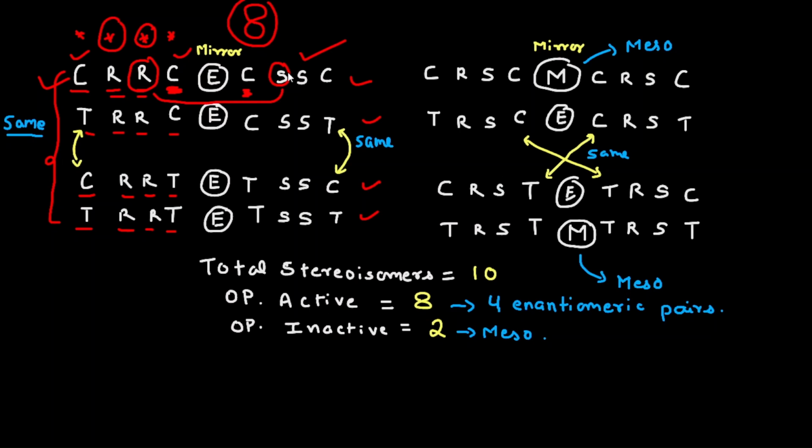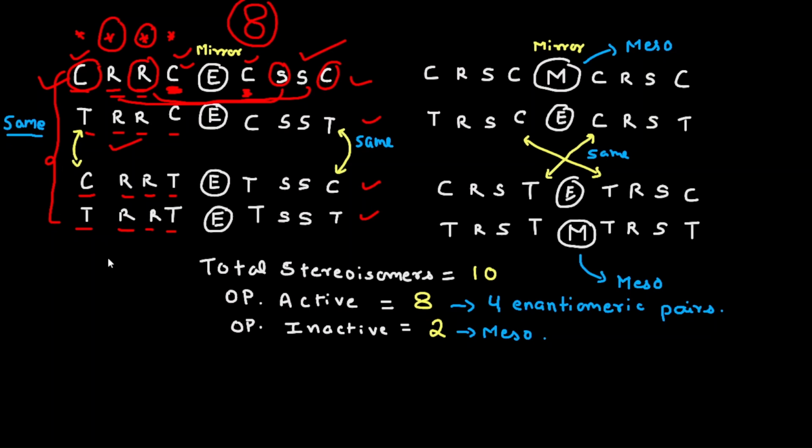The geometrical isomerism does not get affected by taking the mirror image. Cis remains cis and trans remains trans. So here cis remains cis, R becomes S. Here again the R will become S, and here the cis will remain cis. Similarly, I have taken the mirror images of all the four possibilities.